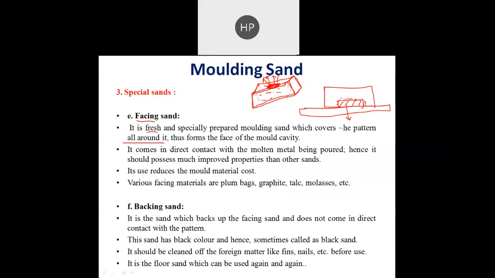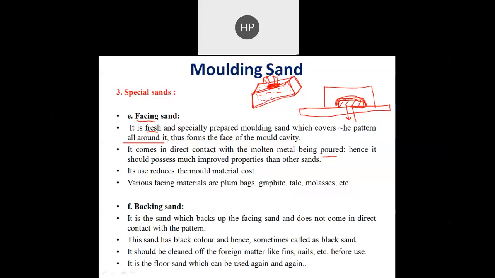And that facing sand comes in direct contact with the molten metal being poured. So when we remove this pattern, a hollow cavity is created, and when we pour the molten metal into that hollow cavity, the molten metal will be directly in contact with this sand only.